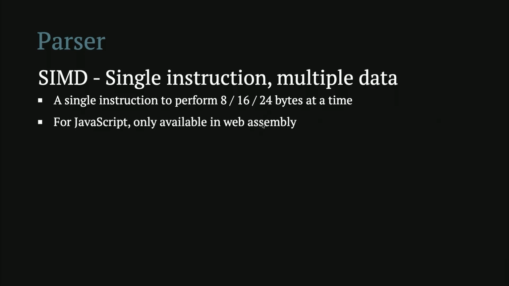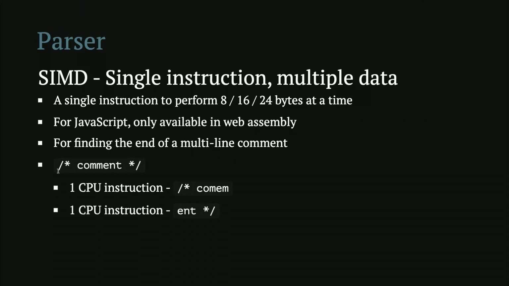You can't do it in normal JavaScript. For example, in Oxc, for finding a multi-line comment, you have one CPU instruction that processes 8 bytes, so that should be comment, COMM, and 1 instruction for the end range. So in a normal program, you will have, say for this thing, 16 CPU instructions, whereas SIMD is just 2 CPU instructions.